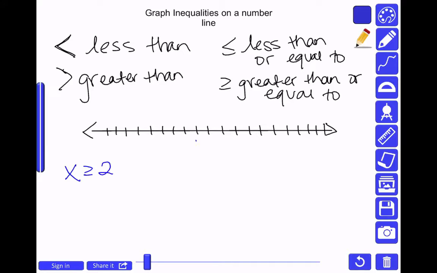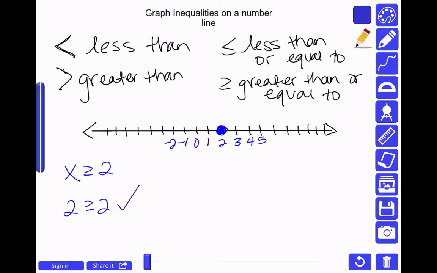So again, I'm going to label my number line 0, 1, 2, 3, 4, 5. This would be -1, -2. So if x is greater than or equal to 2, then what I'm going to do is I'm actually going to color in this circle, and that's indicating that 2 is a solution because 2 is greater than or equal to 2 because it's equal.